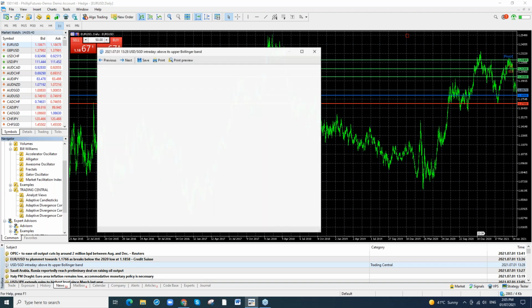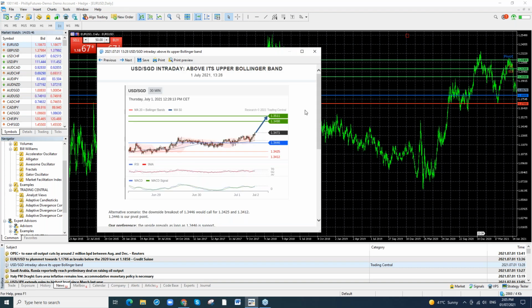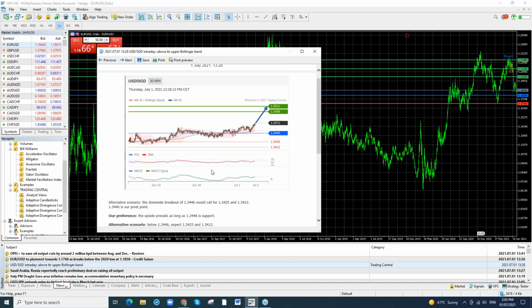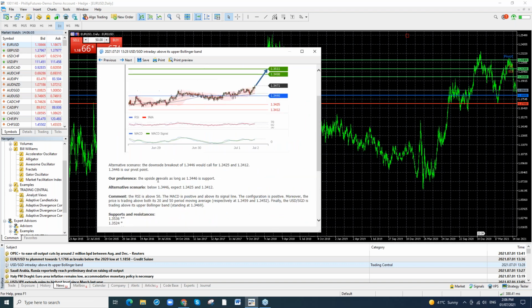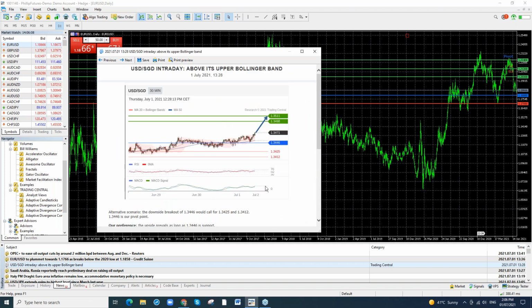So if you double click, you will get the pop-up window with the report on the specific instrument. You get the chart and the description with, of course, our preference scenario, alternative scenario, commentary, support and resistance levels. And those are updated on average every 2 hours on the major currency pairs, for stocks, most probably once per day.